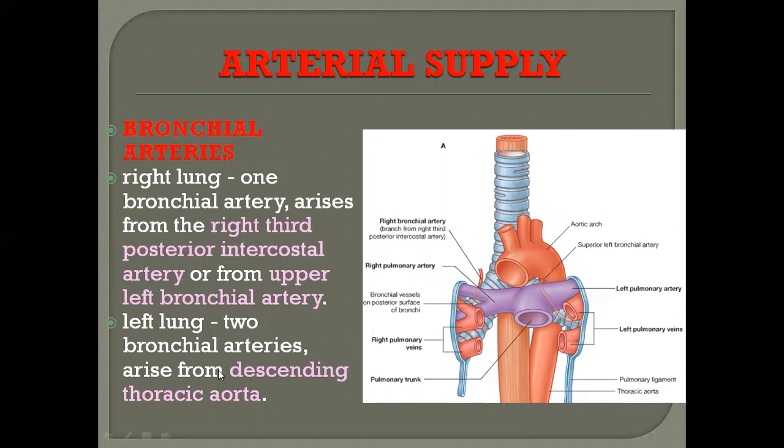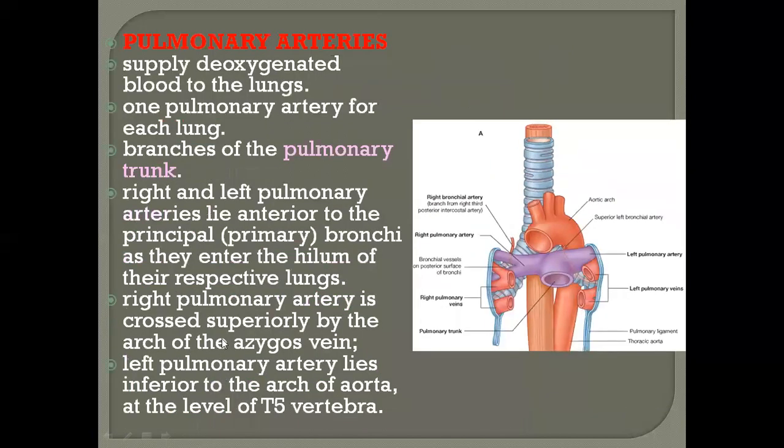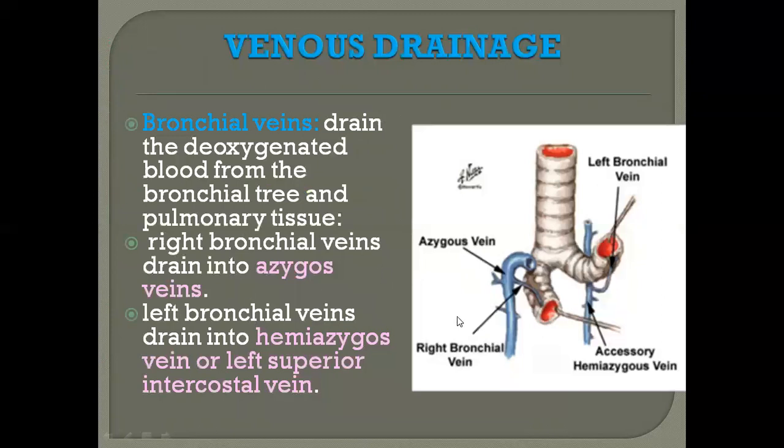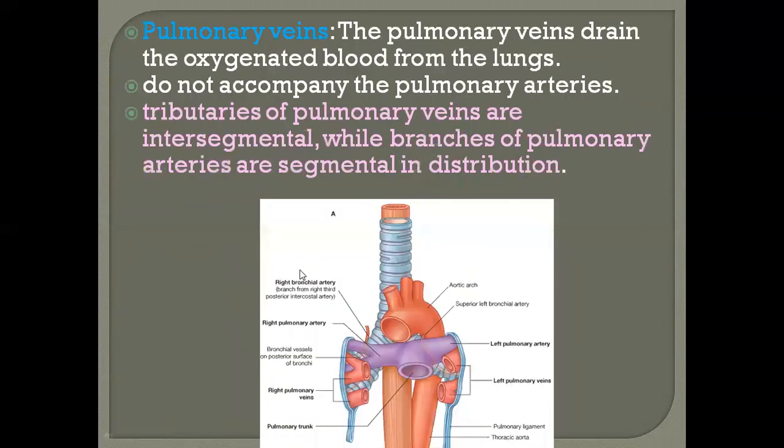Left lung, two bronchial arteries arise from the descending thoracic aorta. Pulmonary arteries supply deoxygenated blood to the lungs. Venous drainage, bronchial veins drain the deoxygenated blood from the bronchial tree, and right bronchial veins drain into the azygous vein, left bronchial veins drain into the hemiazygous vein or left superior intercostal veins.